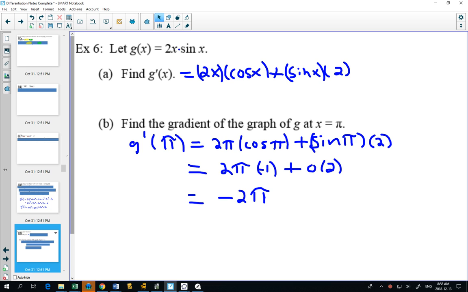And then, of course, this question could say, find the equation of the tangent line at x equals pi. And then you'd have to find a point and a slope to do that.